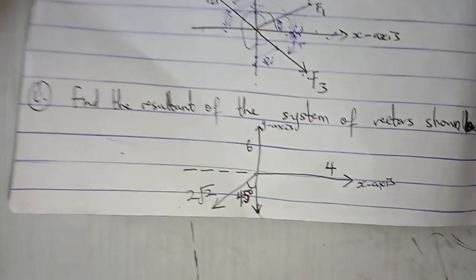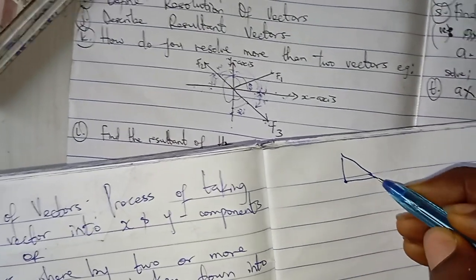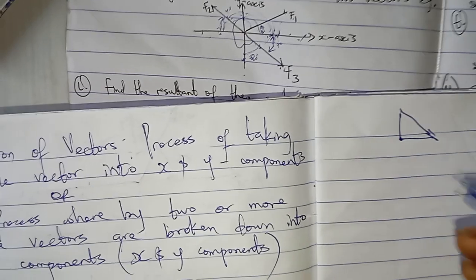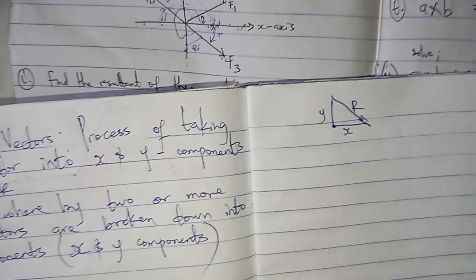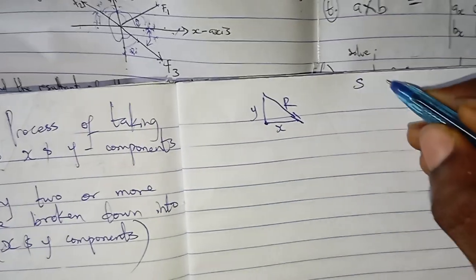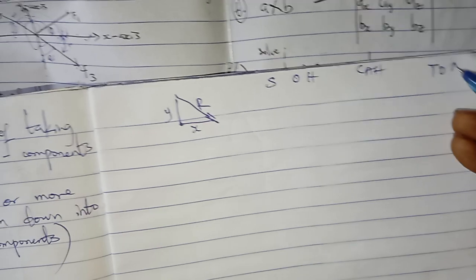So where I taught you something like this. Now if I have something of this nature, let's say this is y, this is x, and this is r, then you need to remember SOH CAH TOA.